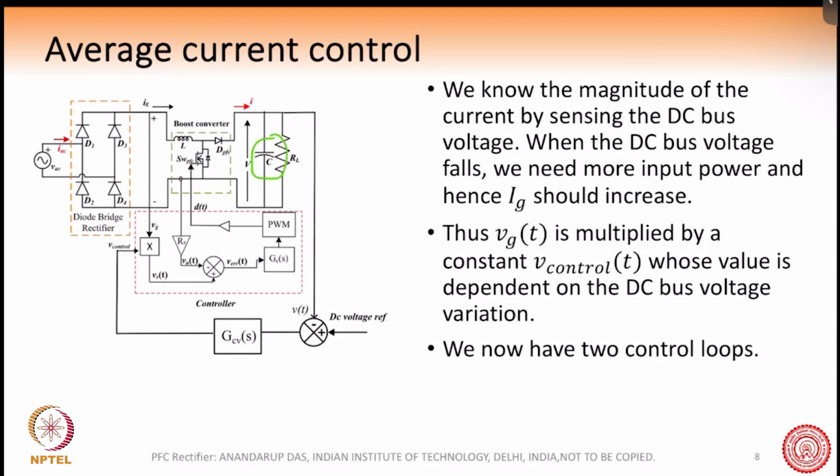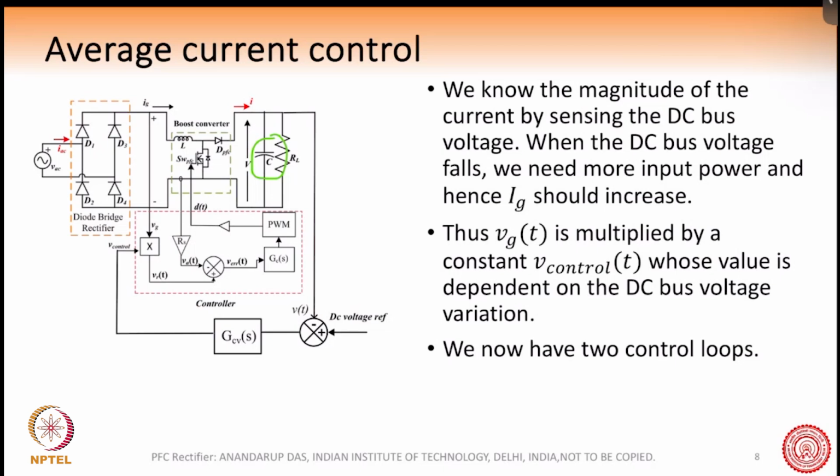If you take less power from the output, then the DC bus voltage will increase. So the DC bus voltage at the output has information about how much power is being supplied to the load. So this can be an information of how much current we can actually draw.